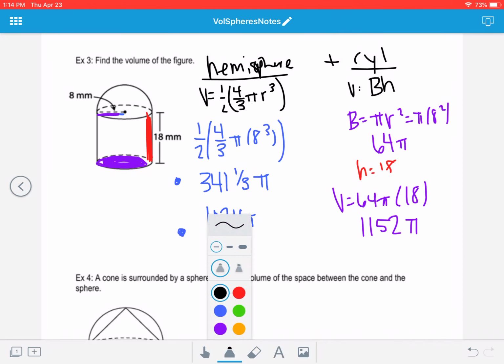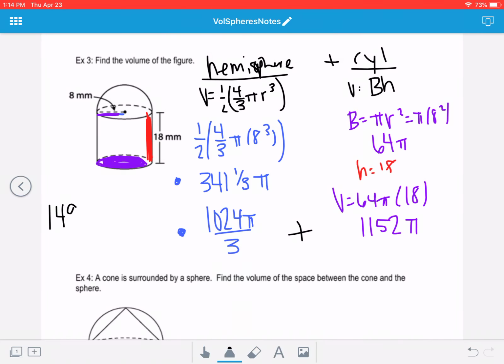Now what we need to do is add these two volumes together. Well, if you take 1152 plus 341, that's 1493 and 1/3 pi millimeters cubed.